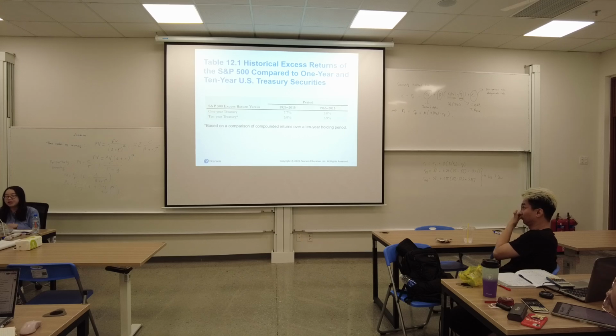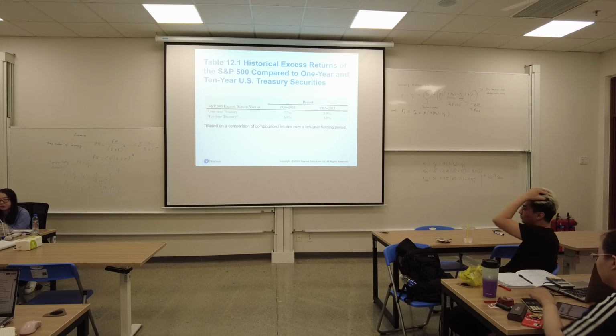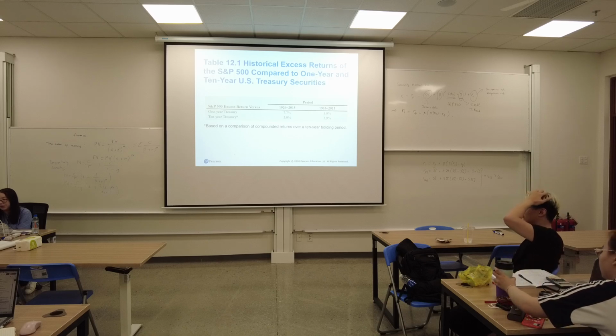You can see here that for the longer period, from 1926 to 2015, the risk premium is much higher than for the relatively shorter period from 1965 to 2015. This is the excess return, the difference between the S&P 500 and the T-bonds.